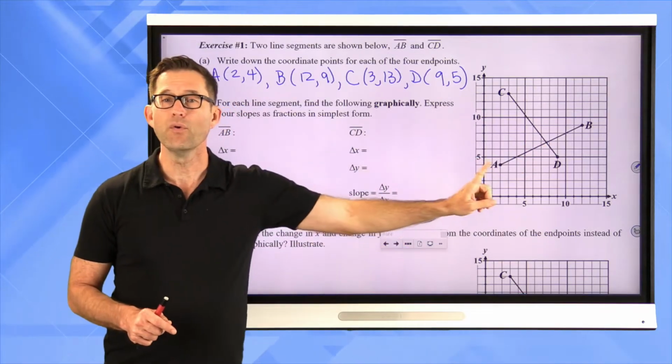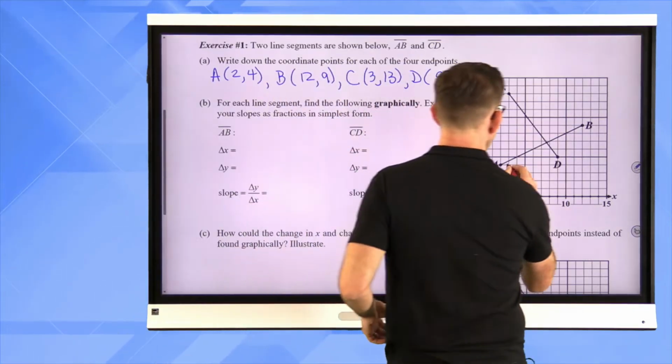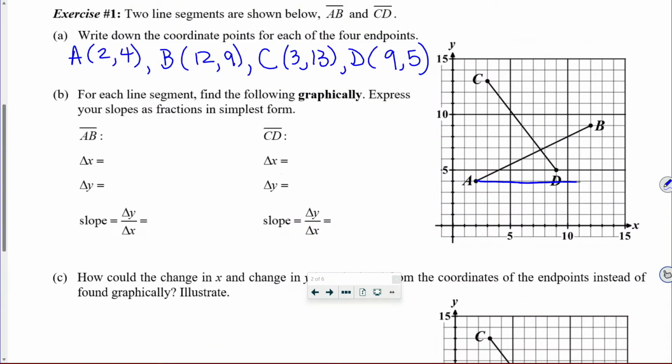If I move from point A to point B, then I'm going to have a change in x that's really given by this distance. And I can literally count that. 1, 2, 3, 4, 5, 6, 7, 8, 9, 10. So the change in x is 10.